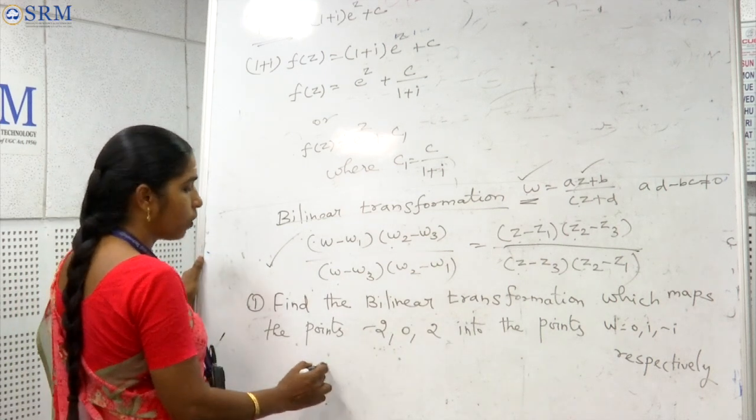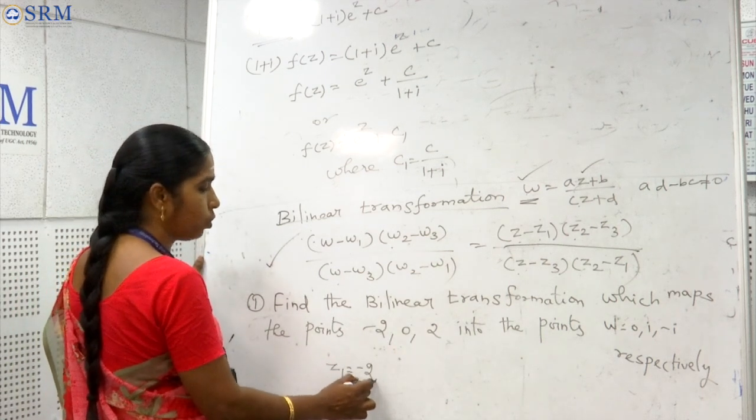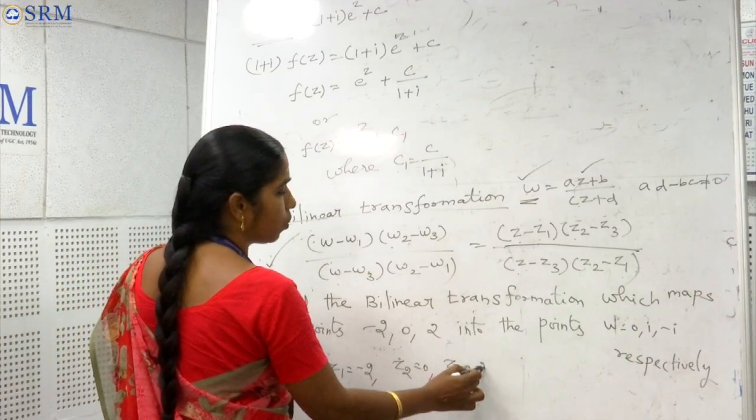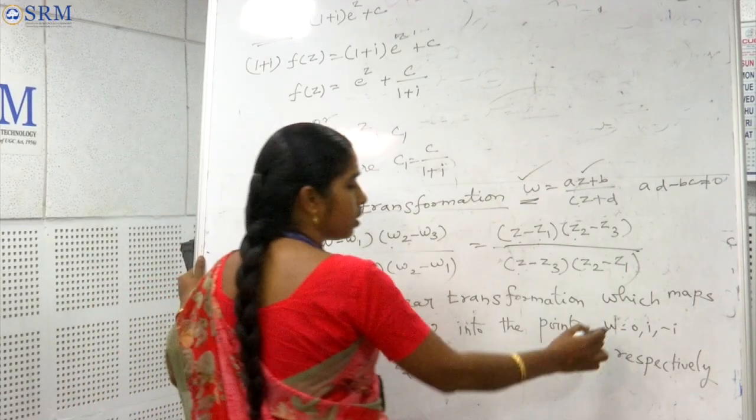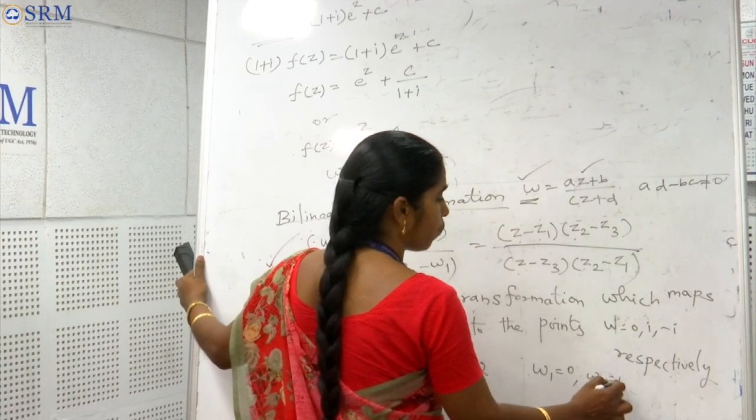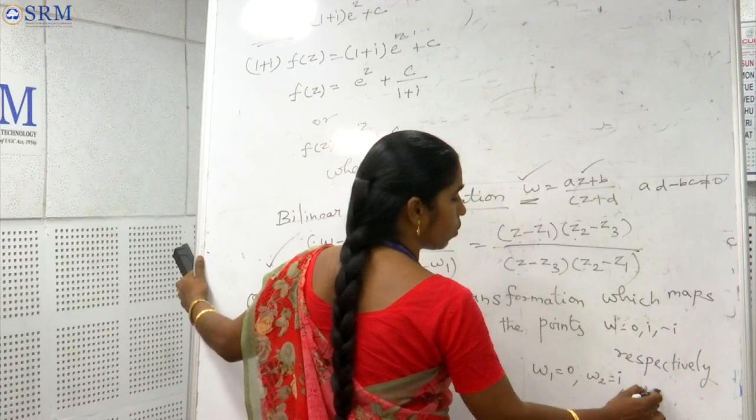So Z1 is equal to minus 2, Z2 is equal to 0, Z3 is equal to 2. Similarly, W1 is equal to 0, W2 is equal to i, W3 is equal to minus i.